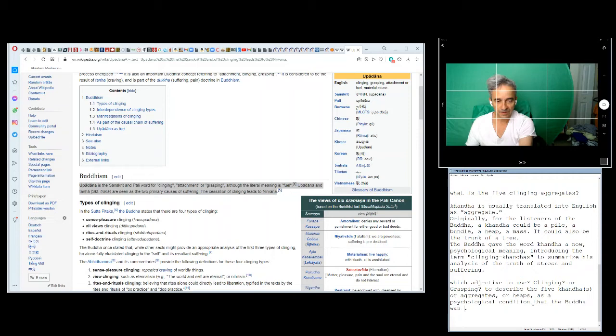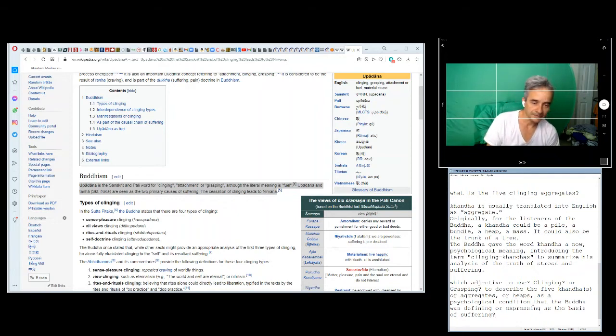So, this article on Upadana prefers to use the word clinging. So there's different types of clingings. There are four types of clinging: sense pleasure clinging, kamupadana; all views clinging, ditupadana; rites and rituals clinging, silabatupadana; self-doctrine clinging, attavadupadana.